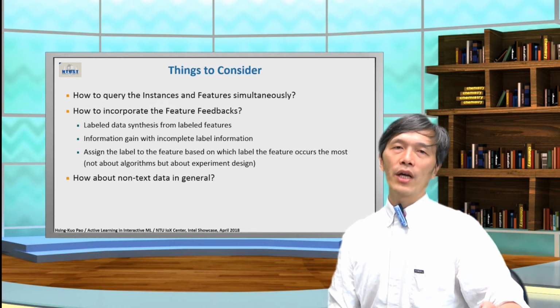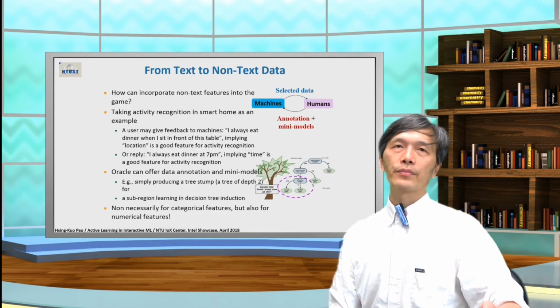But in this case, we don't have all the labeled data available to us, so we have to find a way to deal with this situation. We also need to talk about non-text data, and we use a similar idea. So here is an example to illustrate our idea.